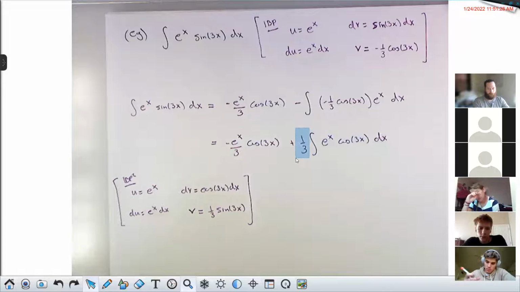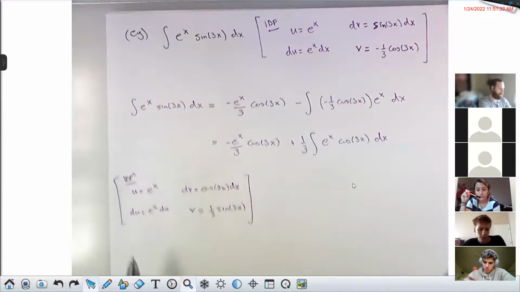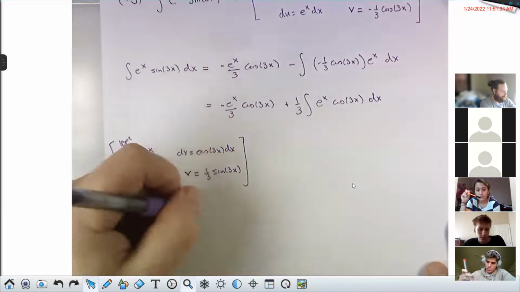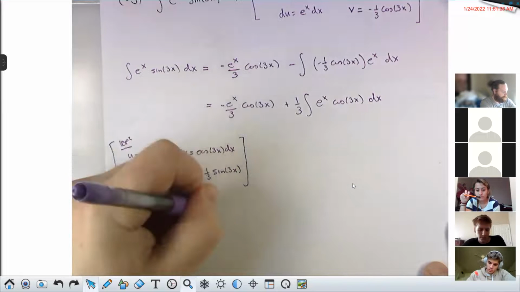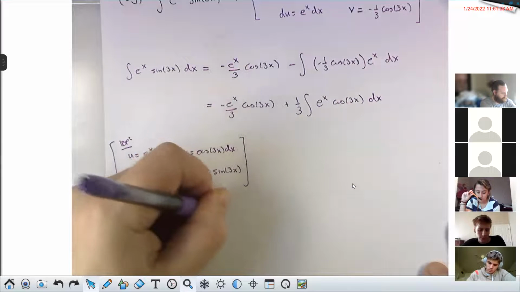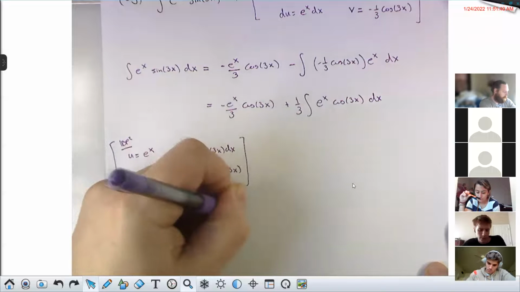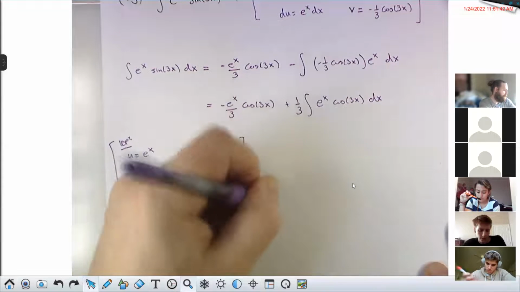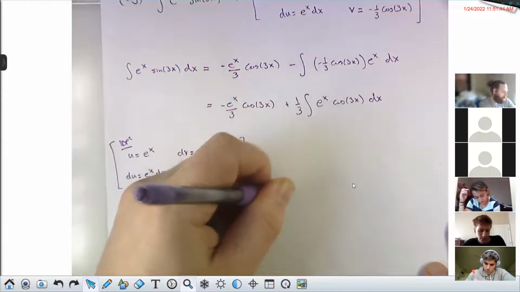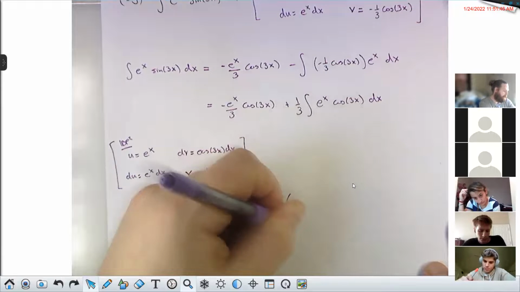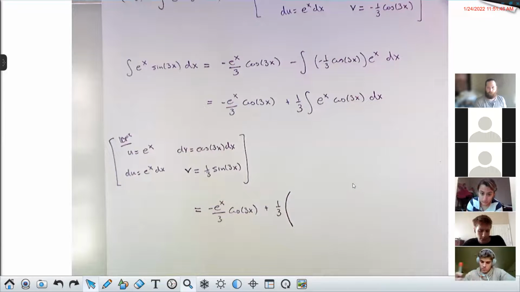And the 1/3 that's multiplying this integral needs to multiply all the IBP stuff. So my whole line above is equal to negative e to the x over 3 cos 3x plus 1/3 times open a big parentheses. We talked about this a little bit last week.